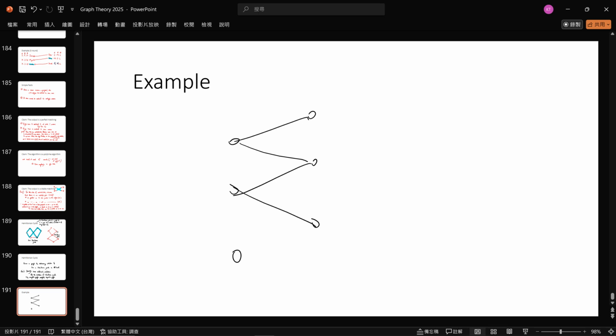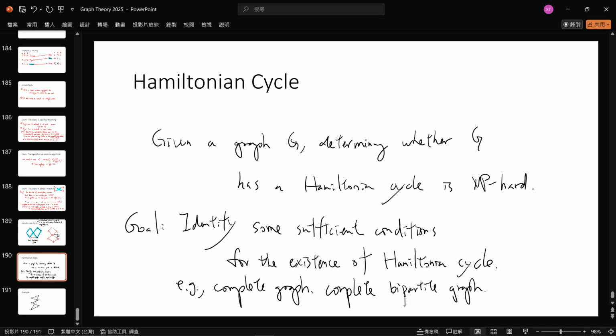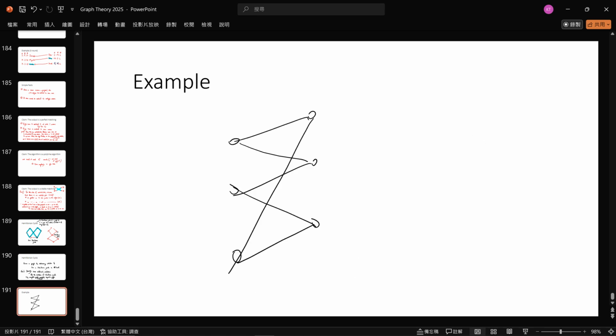So a balanced complete bipartite graph. So the two sets should have the same size.